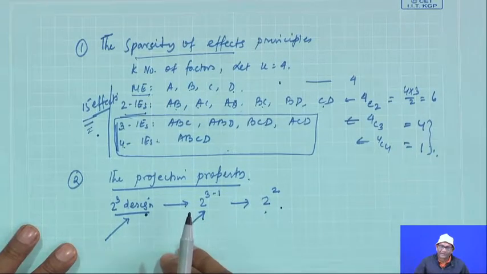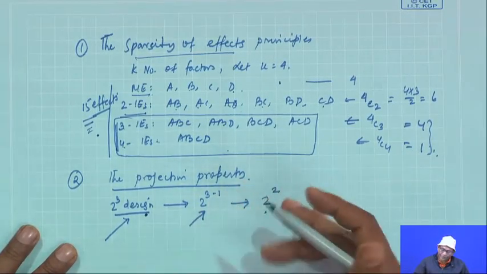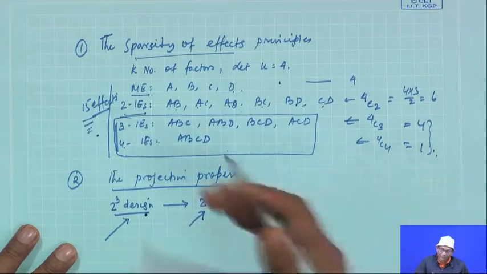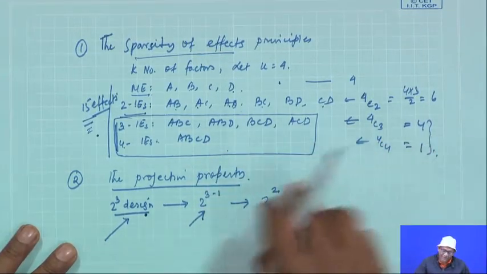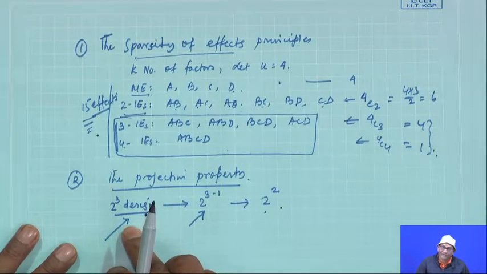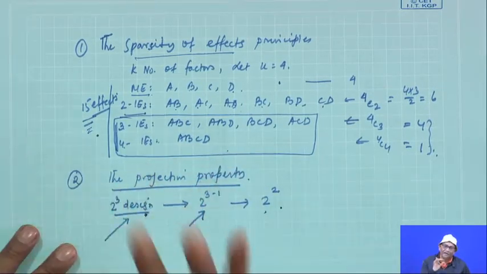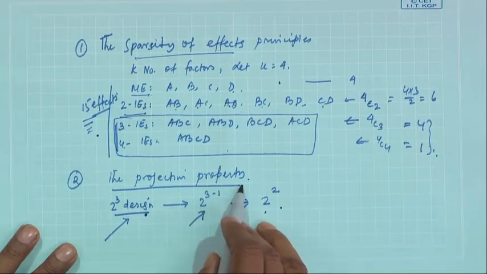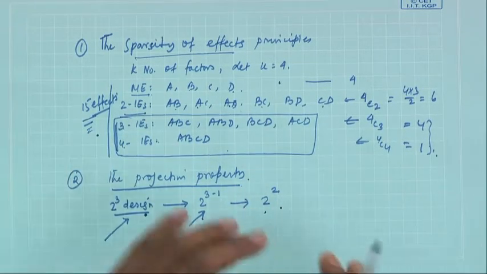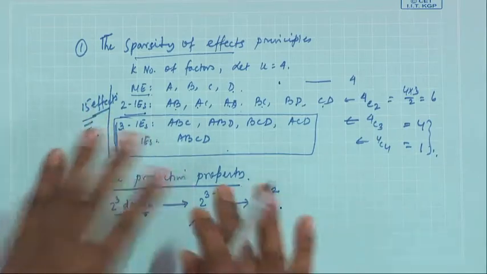So, what do you mean? That means you have full information, from the factorial point of view, in the lower dimension, even if you do fractional factorial at the higher dimensions. So, that is the projection property: in lower dimensions you have full information to get all the effects.